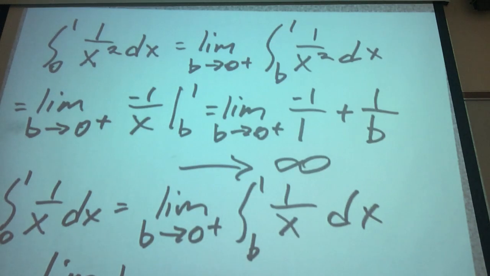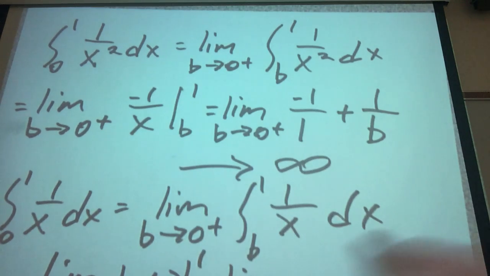Okay, that's going to be the natural log of x, which would equal the limit as b tends towards 0 from the right, evaluated at b and at 1. Okay, so that would be the natural log of 1 minus the natural log of b.